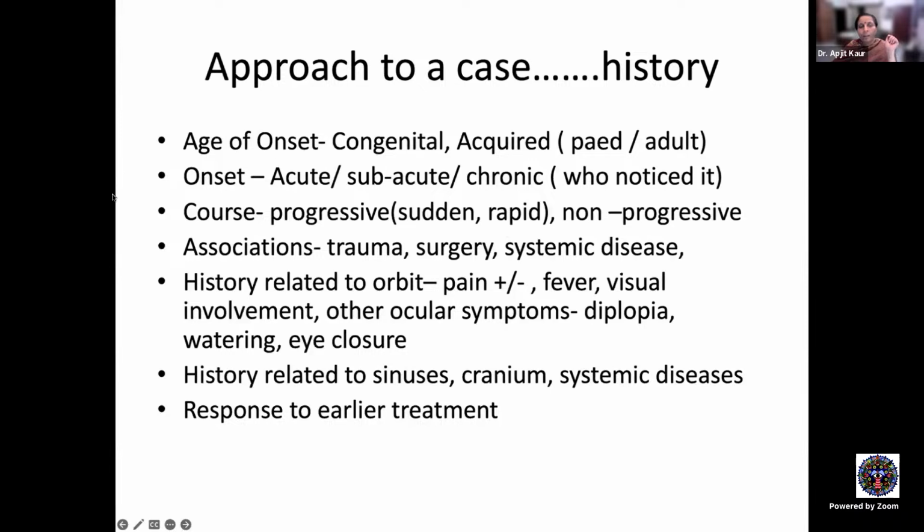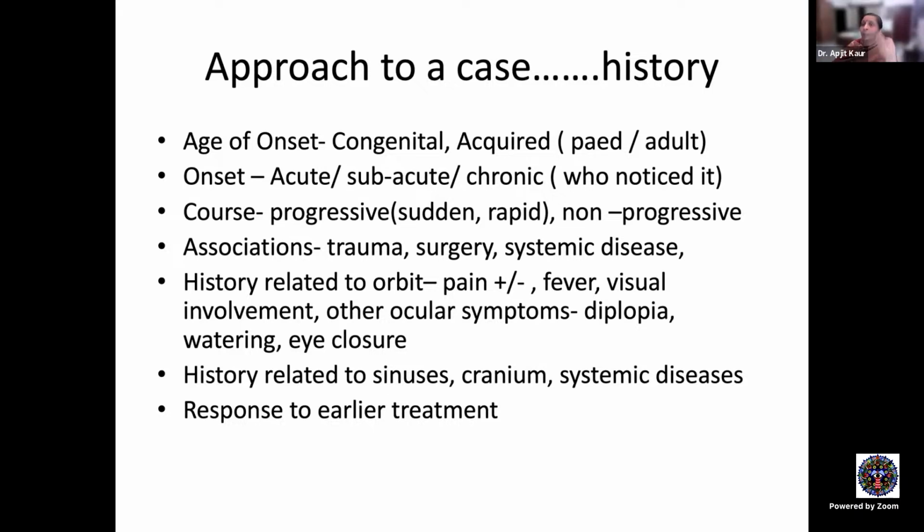Right? Then you come to the course, whether it is progressive or non-progressive. If it is progressive, whatever the pathology is, it is active. And what are the active pathologies? Trauma is not active. Infection is active.